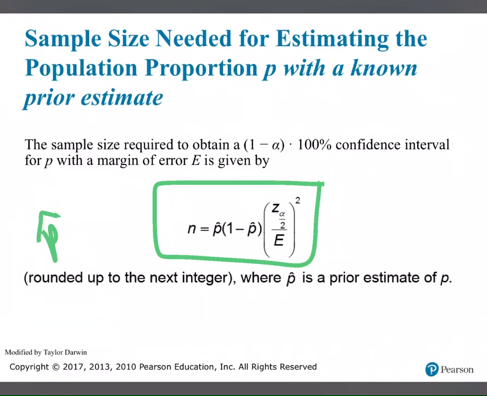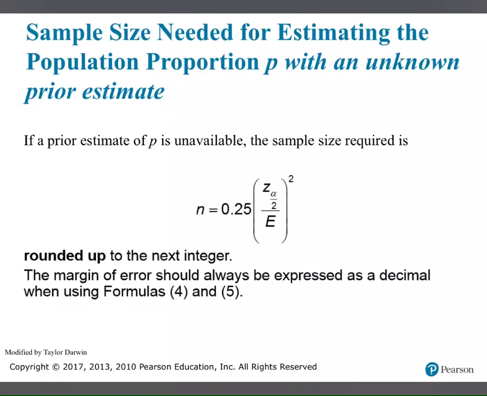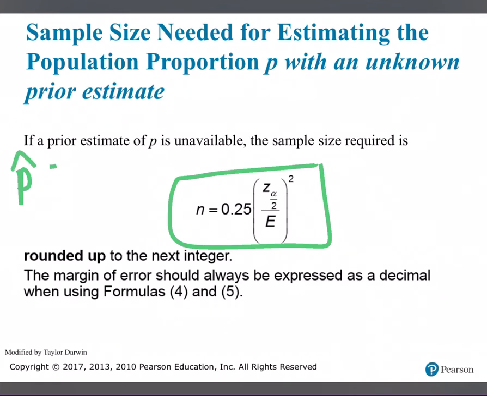This is something that you're going to want to write down, this formula. If you don't know p hat, then you can use this formula, which is, remember, if we don't know p hat, like I said, we just assume it's 0.5.